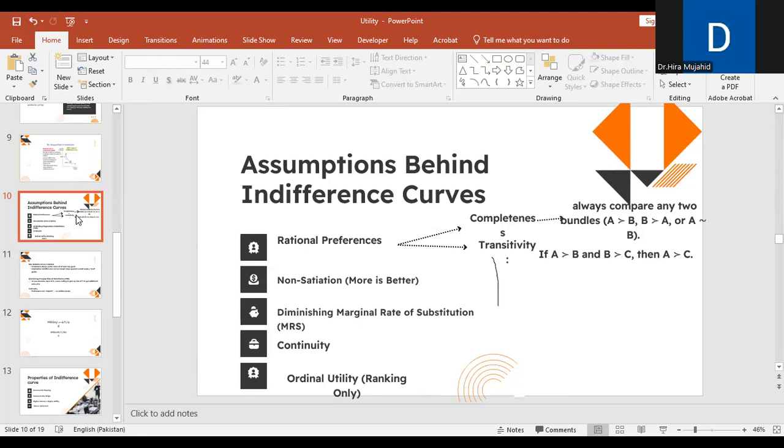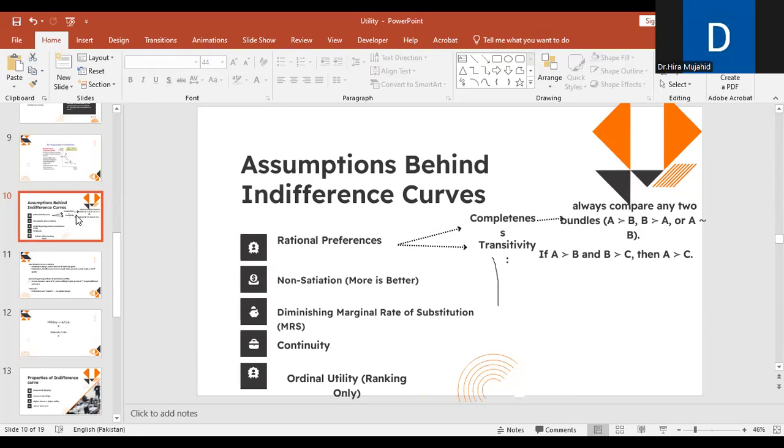Completeness means he compares things, like he knows that bundle A is better than B, or B is better than C, or A and C are indifferent. Transitivity means he can rank the goods: A is preferable to B, and B is preferable to C, so A is preferable to C. So the consumer is rational. He knows how to compare and how to complete his satisfaction.